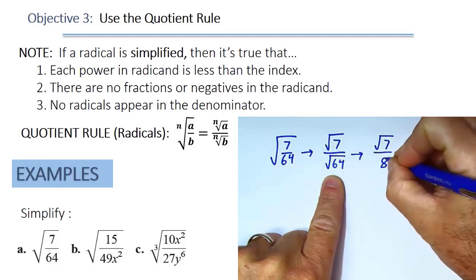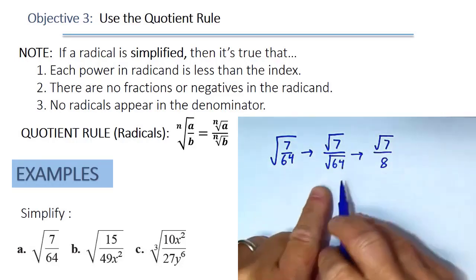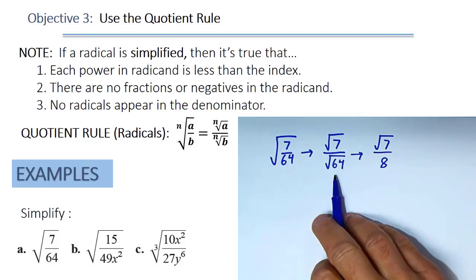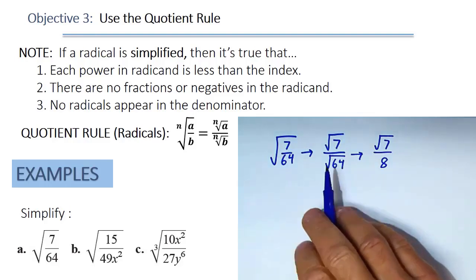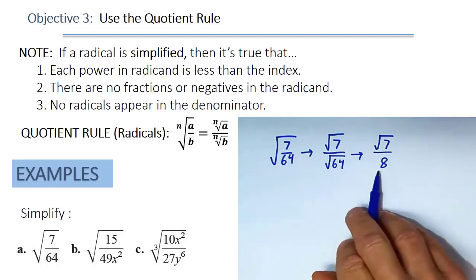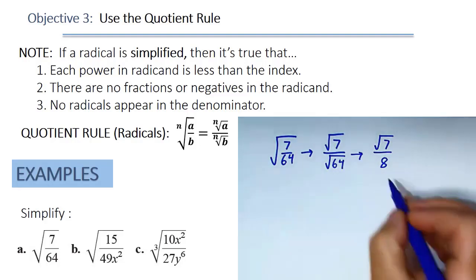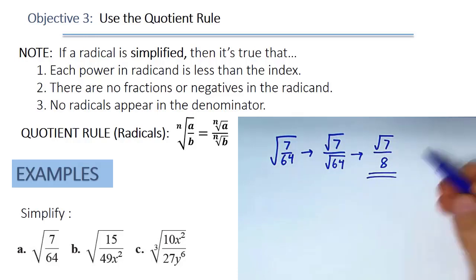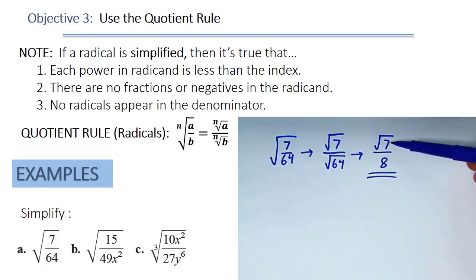That's 8. And so this becomes square root of 7 over 8. Notice that this is not simplified because criteria 3 says no radicals in the denominator, and we have one. Fortunately, we can get rid of it because we know what the square root of 64 is. And now it's simplified. No powers too big, no negatives or fractions inside the root, and there's no roots in the denominator.